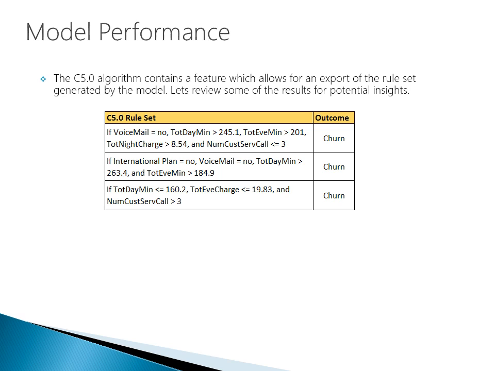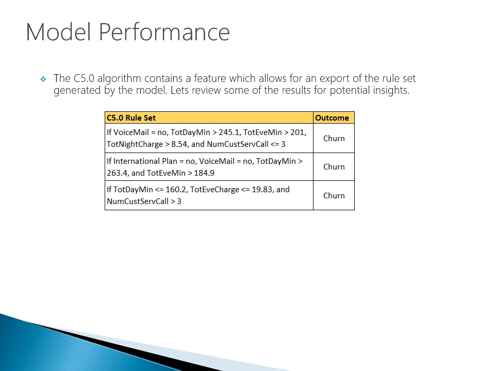If I don't have an international plan, I don't have a voicemail option, my total daytime minutes exceeds 260, and my total evening minutes exceeds 184, I'm going to churn.